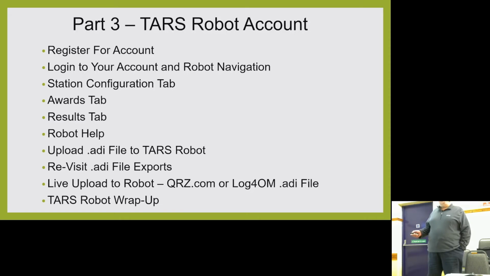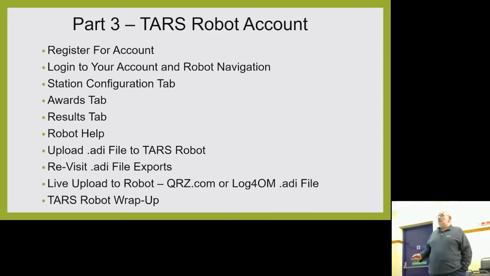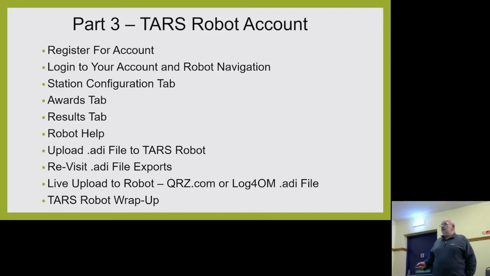We're going to look at uploading an ADI file to the TARS robot, then revisit the file exports, and then do a live update to the robot, either from QRZ.com or from log40M. I think we'll probably use log40M because with QRZ.com you need the paid version, so we'll do a live update from log40M.